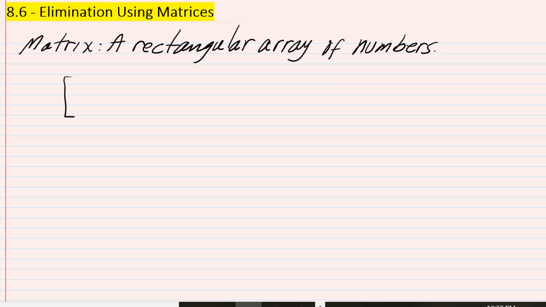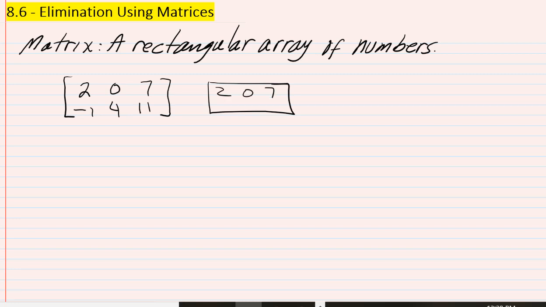We have the brackets here, and I'm going to write 2, 0, 7, negative 1, 4, 11. They're just made-up numbers. If you think about this as a rectangle, that's the impression of a rectangle that we're talking about.